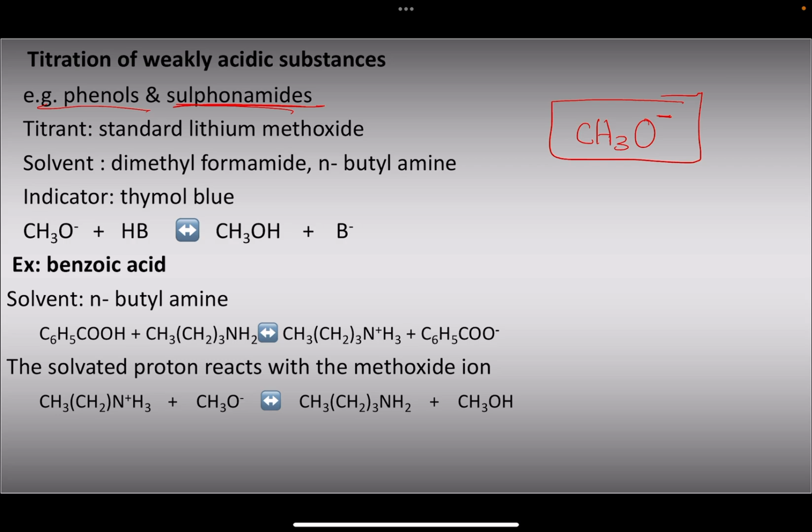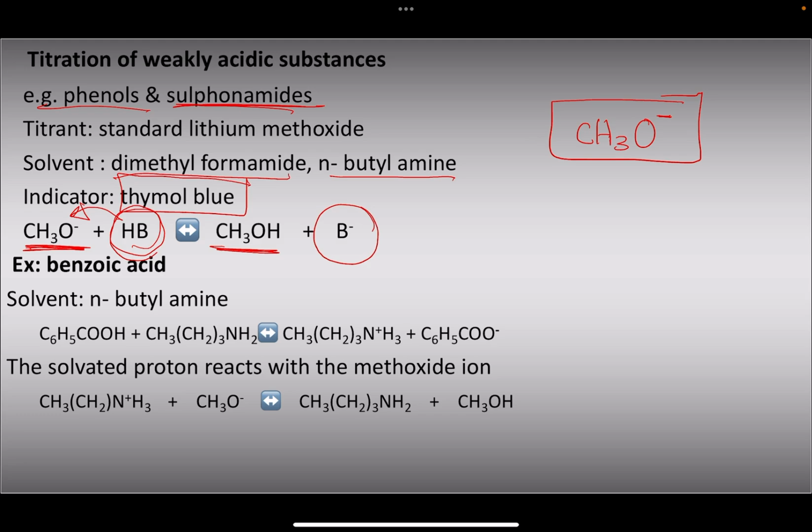The solvents we are using are basic solvents like dimethylformamide or n-butylamine, and the indicator used here is called thymol blue. The methoxide titrant interacts with the acidic sample. It gets protonated to produce methanol, and the conjugate base is released.